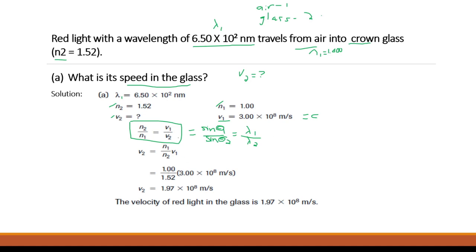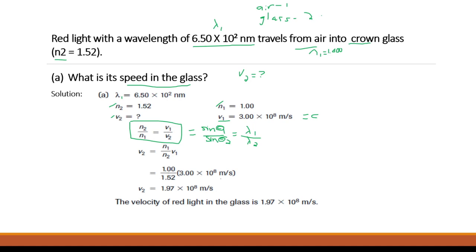So using our Snell's law, we don't have angles, we don't have enough wavelengths, we do have 2 speeds, and we have a refractive index, and so 2 refractive indices and 1 speed. And so we use this portion of Snell's law, so we don't have to use all of it, and we solve for V2, what we were asked for, and we find it's equal to n1 over n2 times v1.